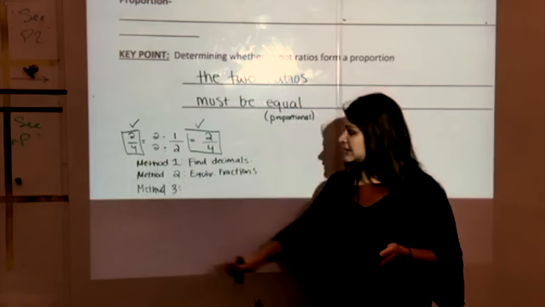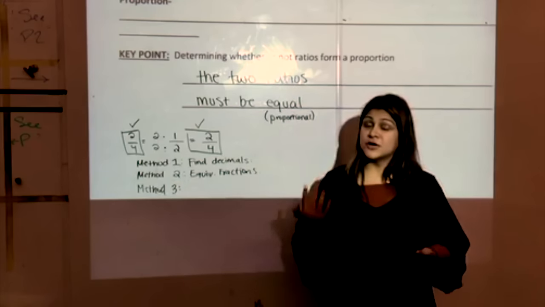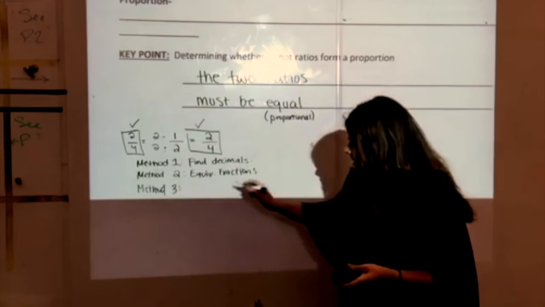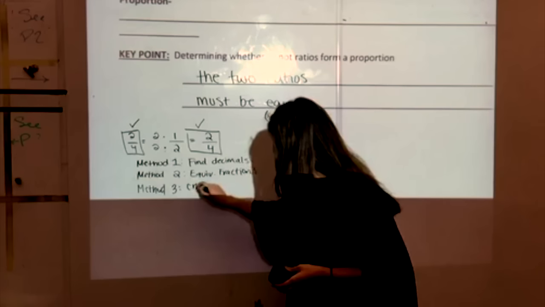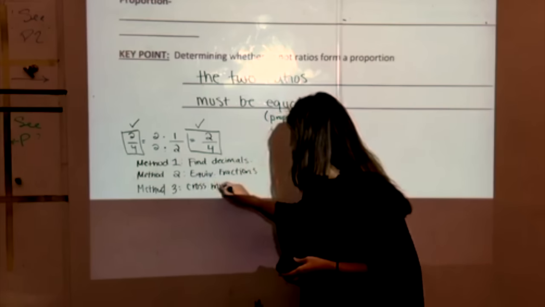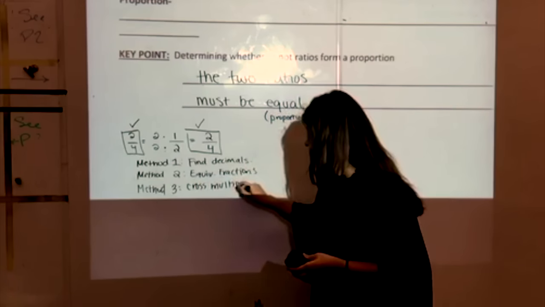And the last method is method 3, and you've probably heard or seen this at some point, is cross multiplication.